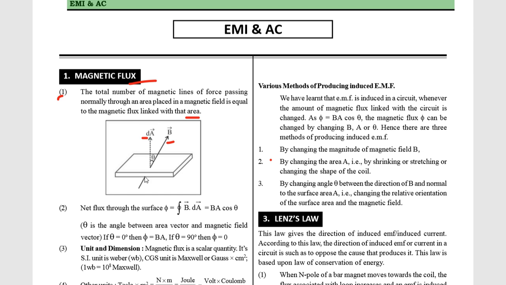So for this purpose we can write the mathematical equation for magnetic flux like this: the net flux through the surface is phi. Flux is denoted by phi, so phi is equal to the closed integral, because these relations are true for closed surfaces. Closed surface means you can say a closed loop-like structure, like a circle or a rectangle. I'm not talking about a sphere only.